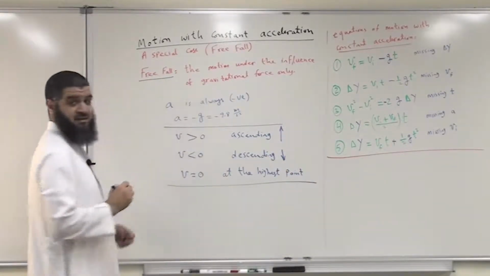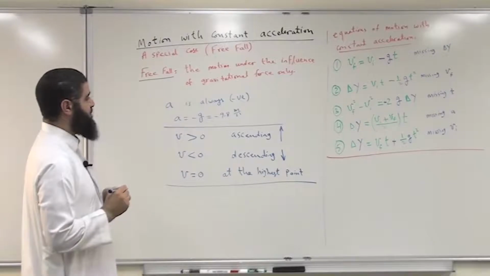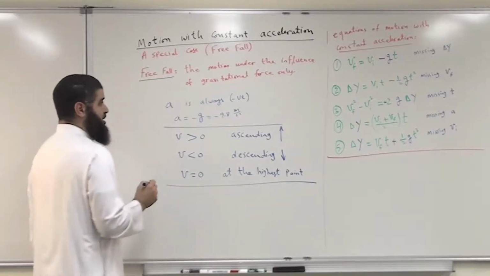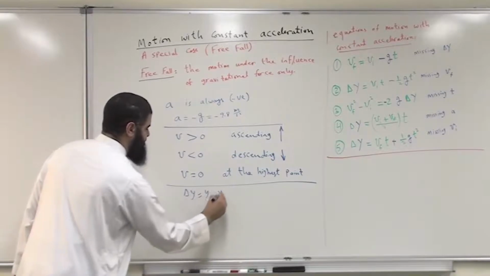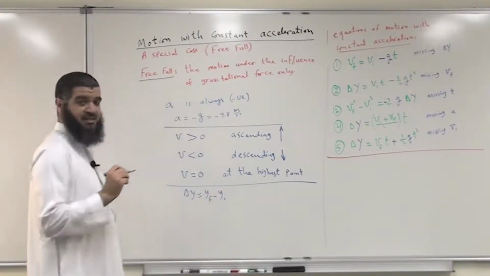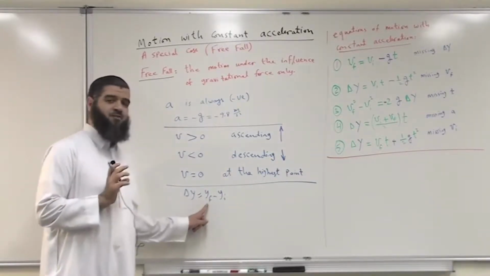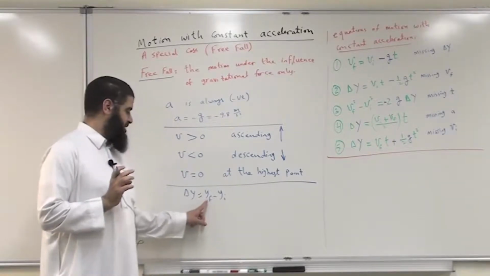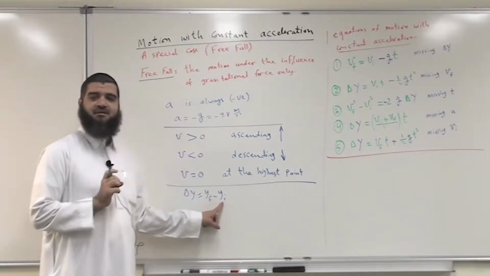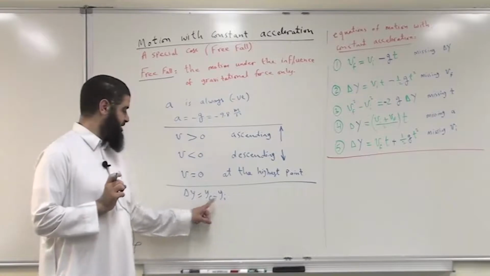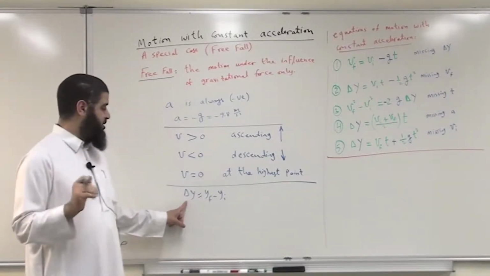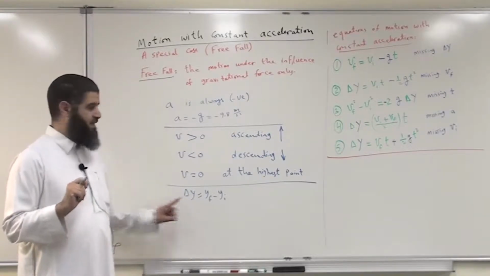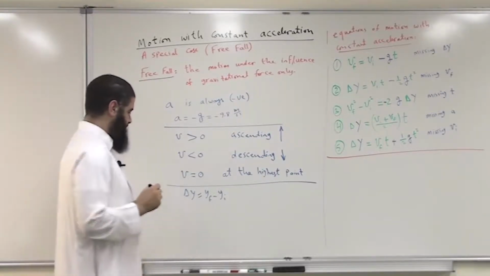Finally, let us discuss the sign for delta y. Delta y is y final minus y initial. And depending on the value of y final, the final vertical position, and y initial, the initial vertical position, delta y might be positive, might be negative, or even might be equal to 0. Let me discuss this.